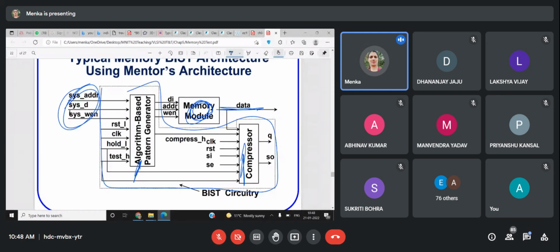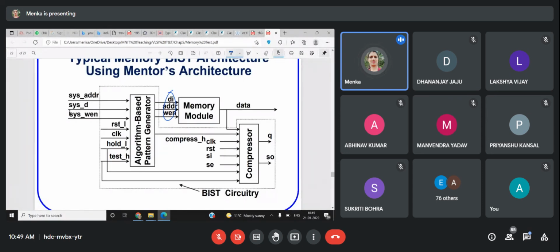It is similar to what we discussed earlier: you have a test pattern generator, then the CUT, and then the ORA, the output response analyzer. Now instead of the CUT you have the memory module. Because of the memory module, the test pattern generator not only has the test pattern, but also a set of addresses and data to be accessed.